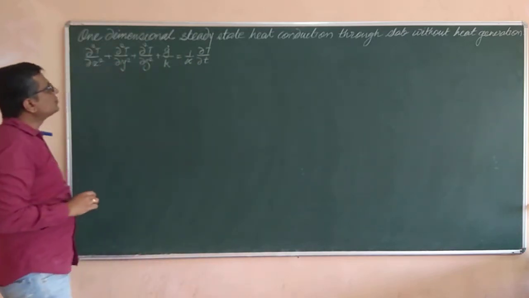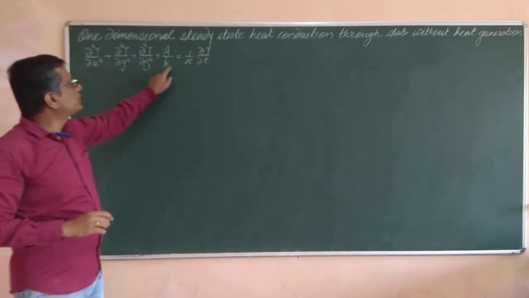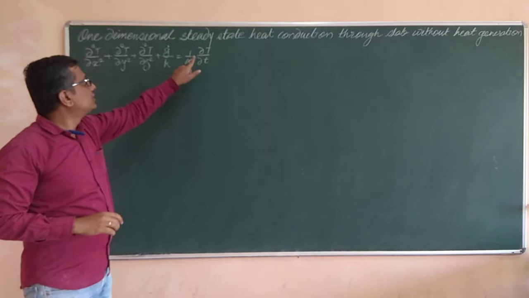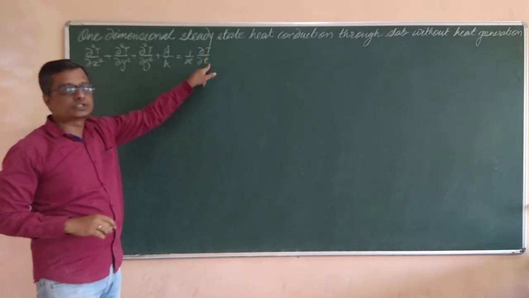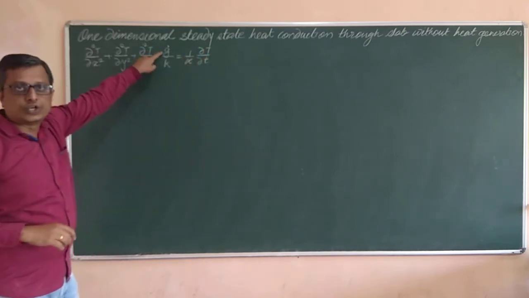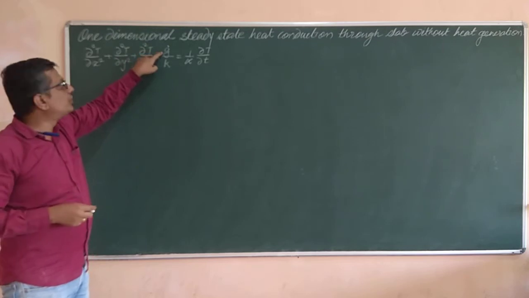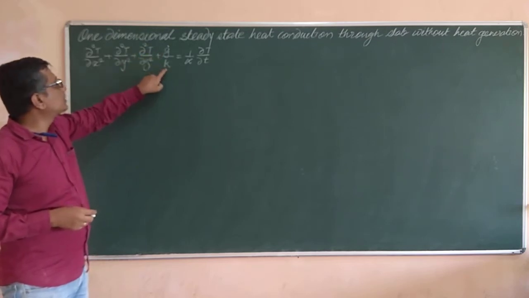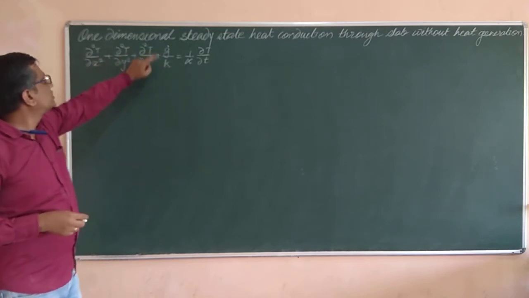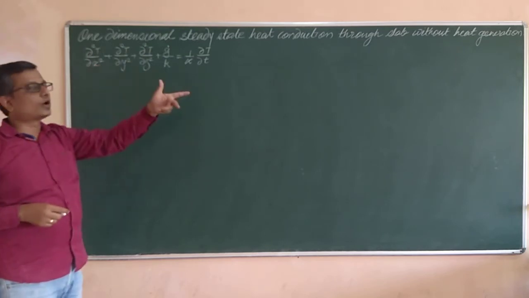I think all of you know what these terminologies are. Everywhere you know what this alpha is. Capital T is the temperature, small t is the time. This G dot is the internal heat generation per unit volume, K is the thermal conductivity, T everywhere is the temperature, and X, Y, Z are the three coordinates.